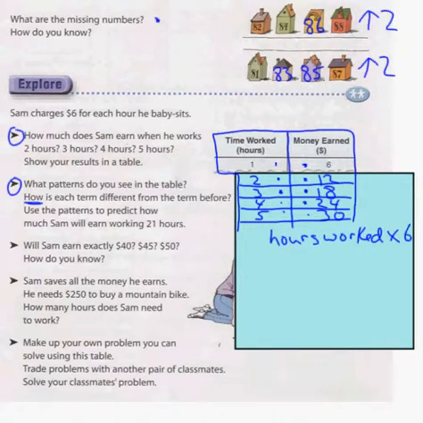So, if he works 21 hours, 21 times 6, well, I can do that math. 21 times 6. 6 times 1 is 6, and 6 times 2 is 12. That's $126. He's going to earn $126.